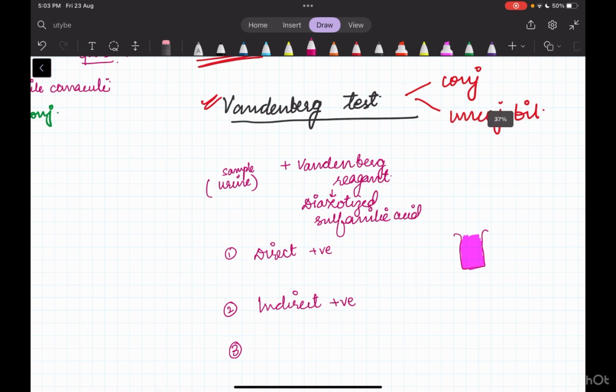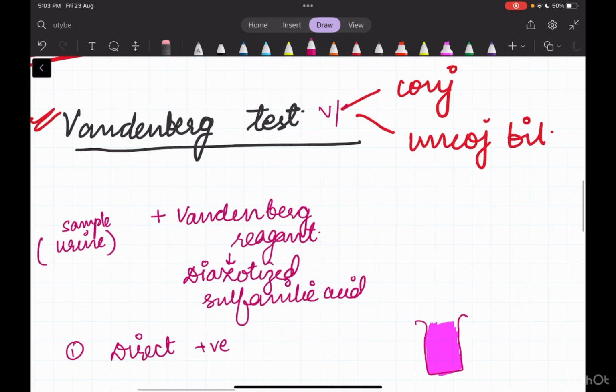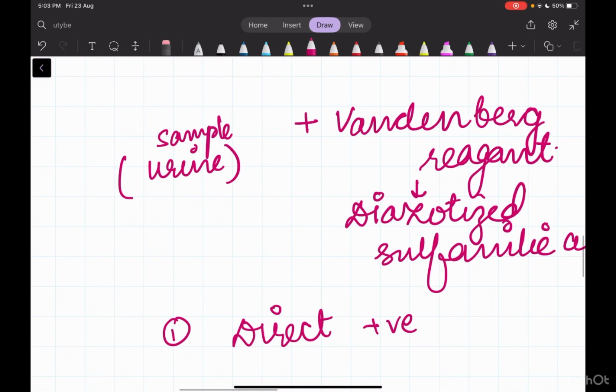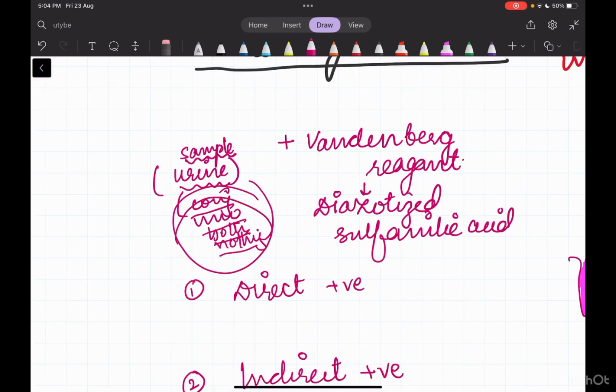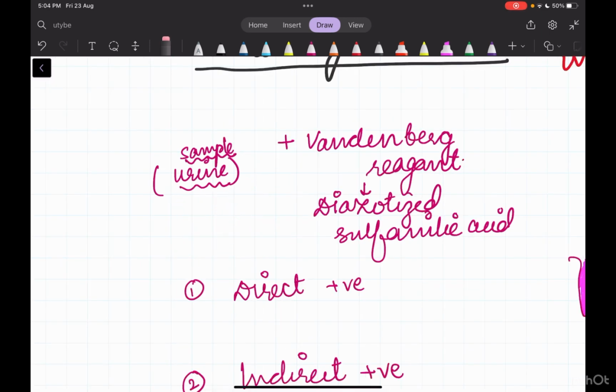Moving back to the van den Bergh test, it helps you to differentiate conjugated versus unconjugated bilirubin. You take a sample, a urine sample, which has either conjugated or unconjugated or both or nothing. So you want to test what is in this sample. You combine this sample with van den Bergh reagent, and what does this reagent have?